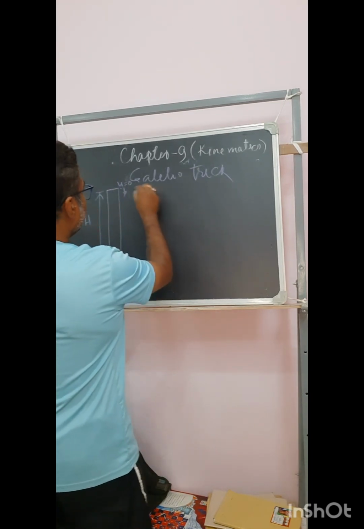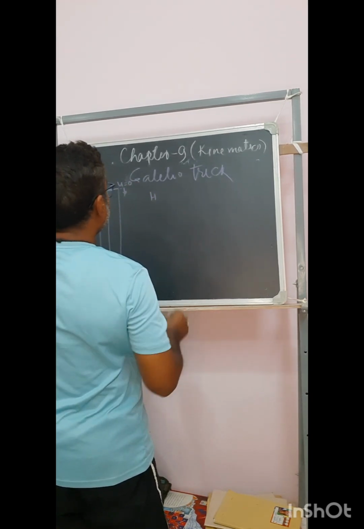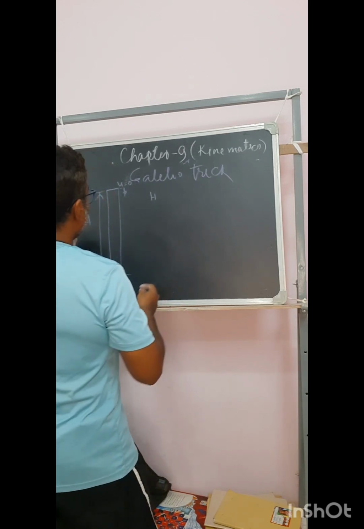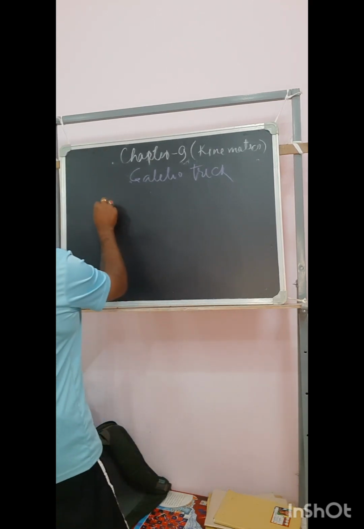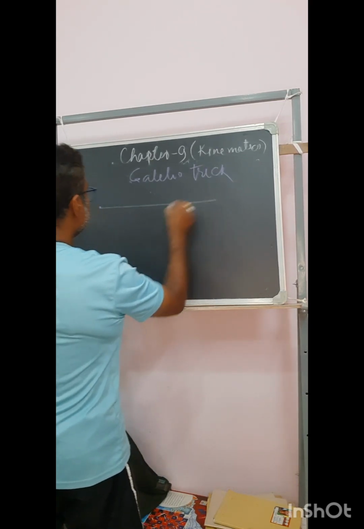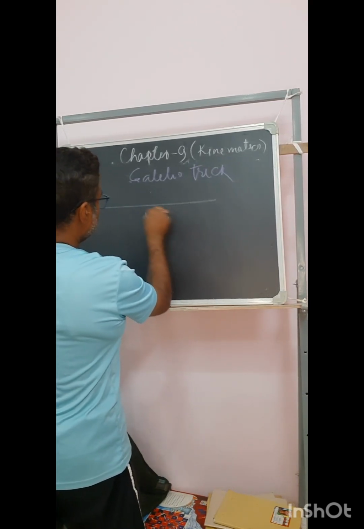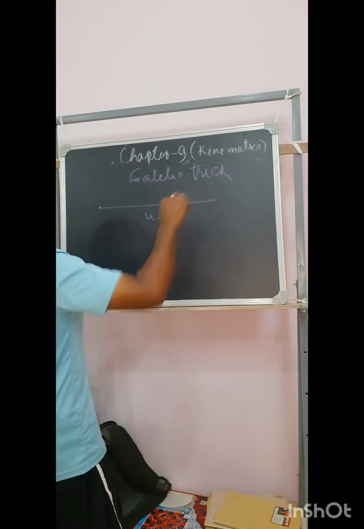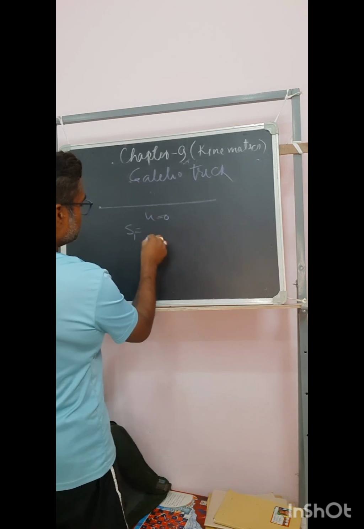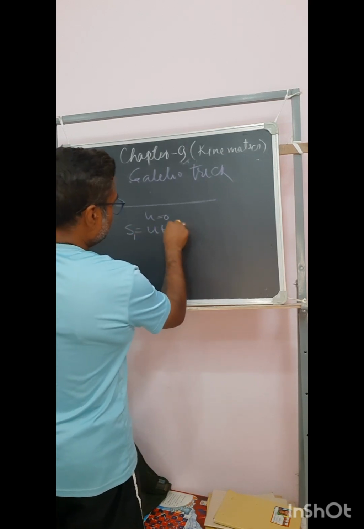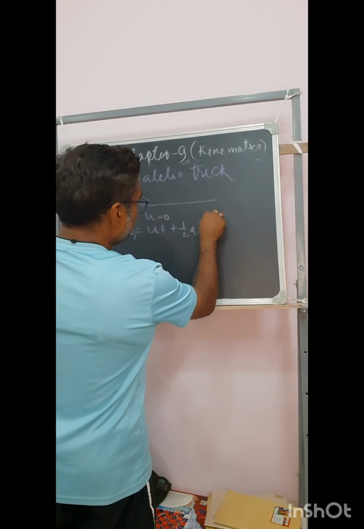I have not taught you the other case yet, so let it be linear. Starting from 0, the equation will be s = ut + half at square.